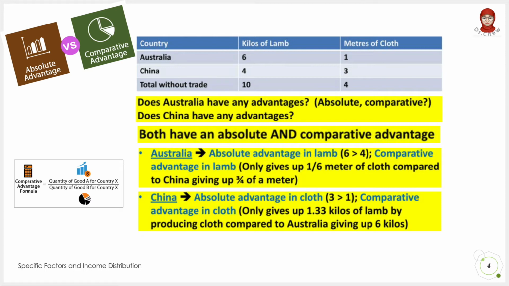And in terms of comparative advantage, China only has to give up 4/3 kilos of lamb, or 1.33 kilos of lamb, in order to produce cloth. However, if Australia wants to produce cloth, the opportunity cost will be higher: to get 1 meter of cloth, Australia has to give up 6 kilos of lamb.